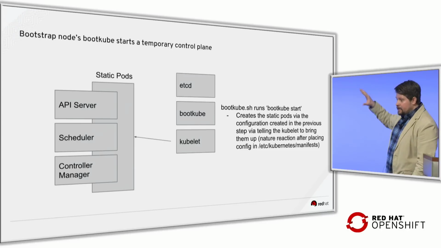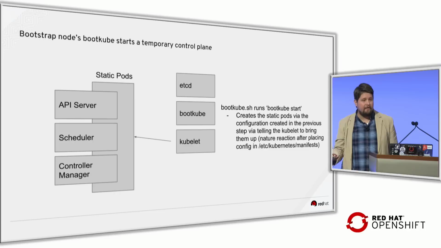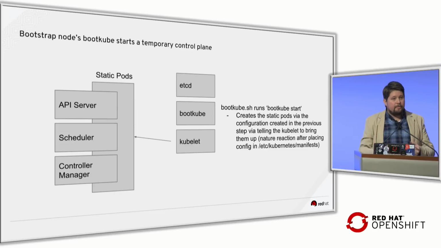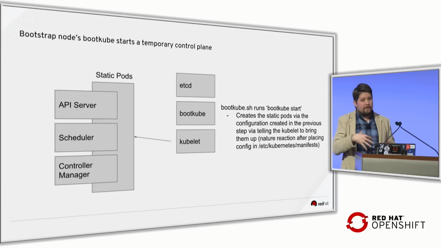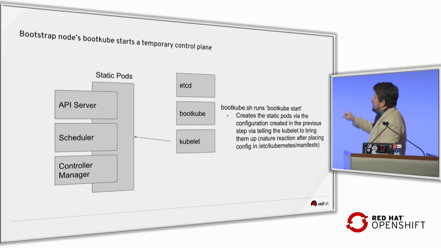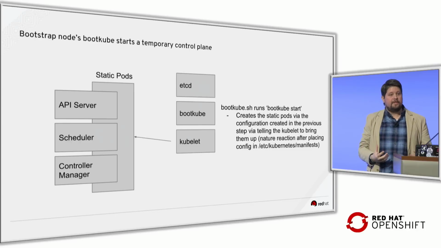And so we take those manifests that the installer generates. Now, the installer had to generate those manifests because it had to know what the user was going to ask, like AWS, what instance types, things of that nature. From that information, it derives these manifests, it downloads these manifests into this directory, and we ask that kubelet that was sitting on that operating system to wake up and start some static pods.